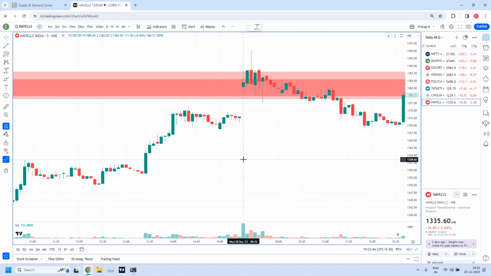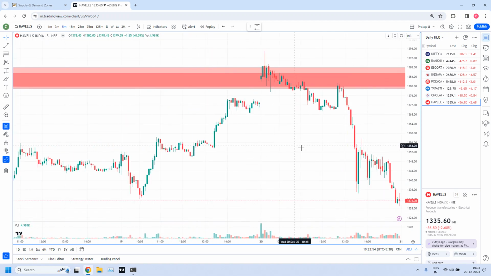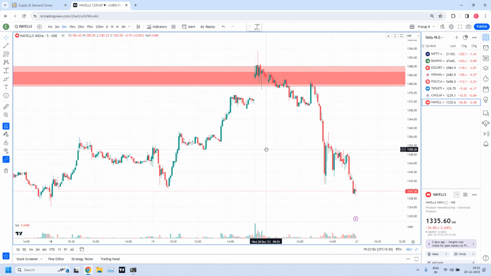So that's why we are in a position to identify when a zone will fail, because we know the reasons, we have already built the skill. Otherwise, if we had not built this skill, 5 stocks would have been stopped out today. Now, instead of 5 stocks, we are in a position to tell that only one stock is stopped out. Remaining all, we know the reasons. We know they are going to fail.